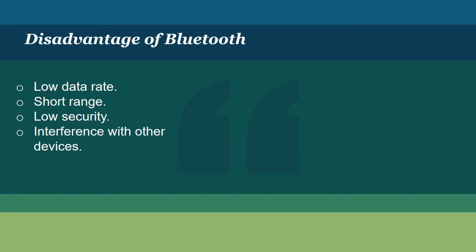One, the data rate is slow. The transfer rate of data is generally slow, and it supports only short range. As I already told you, it can't support more than 100 meters, and security is also not that efficient. Security is a little low, and there is also interference with other devices. If 2 or 3 devices connect in parallel, you will have some interference with each other. These are some of the disadvantages of Bluetooth.